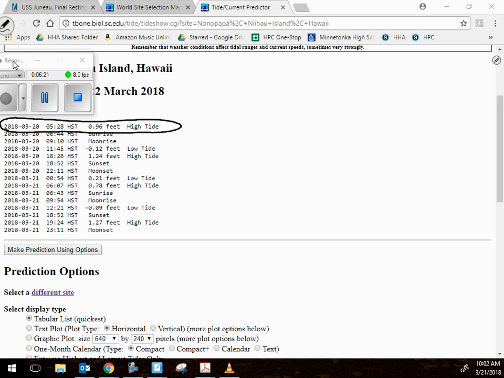I know PST would be Pacific Standard Time, but I'm not sure exactly what HST is. But we're going to say that that is our time. Don't worry too much. We're not going to make these all go back to Greenwich Mean Time or something. We could make it more complicated by that. Is it Hawaiian? Okay. Then there's our time, and we had a high tide of that many feet.